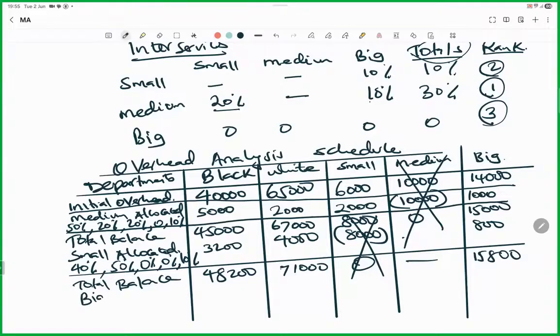So big allocated. So big allocation is 15 what here, somebody? 800. Are you able to see the percentages there for big? Percentages. 60% and 40%, isn't it?